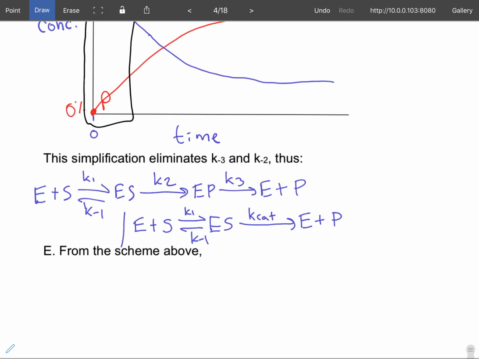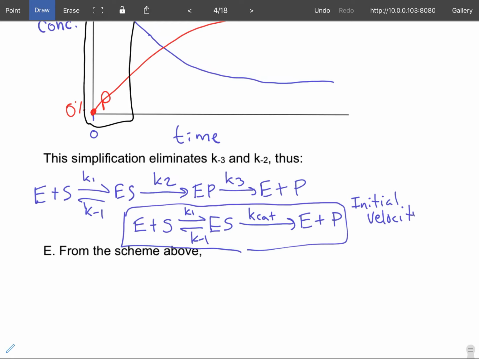This right here is going to be the basis of so much of what we do with enzyme kinetics. It's called the initial velocity scheme. As long as we are measuring the reaction at early time points during the course of the reaction, it'll greatly simplify our analysis of enzyme kinetics.